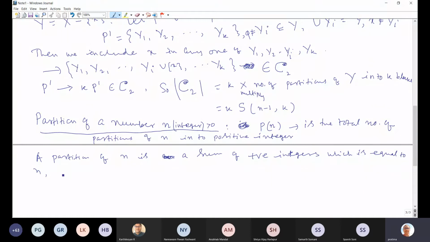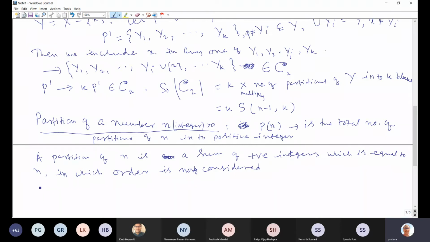I'll tell you what it means. Order is not considered. What is the meaning of this? Say, for example, let us take the partitions of 5.